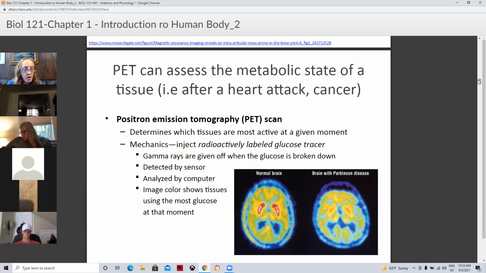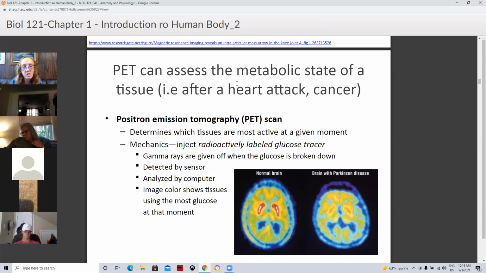The parts of the body that are the most metabolically active at that moment are going to light up with the highest amounts of radiation. So this is very good for being able to detect tumors, actively metabolizing tissues.